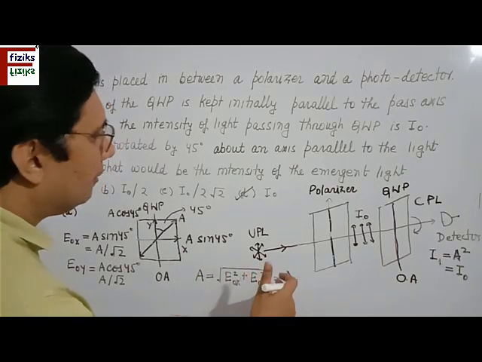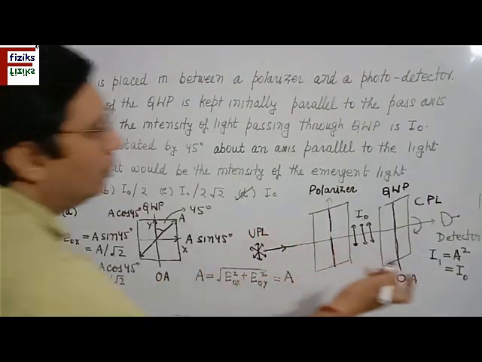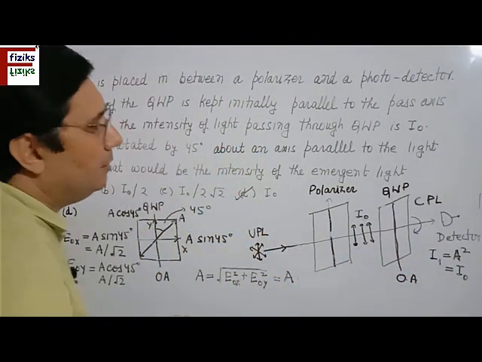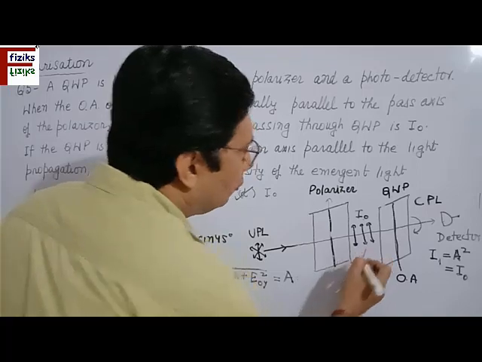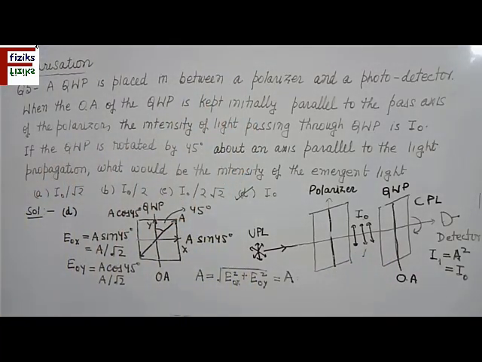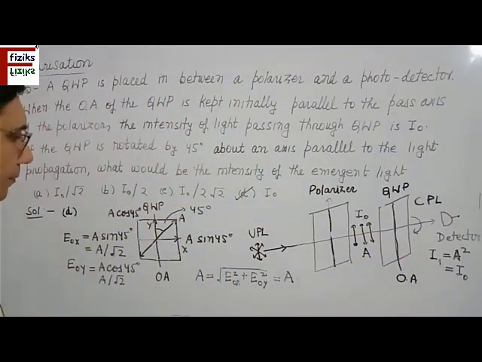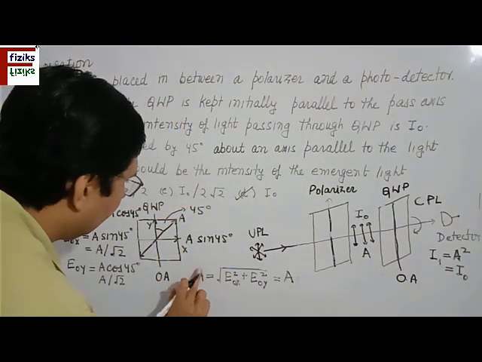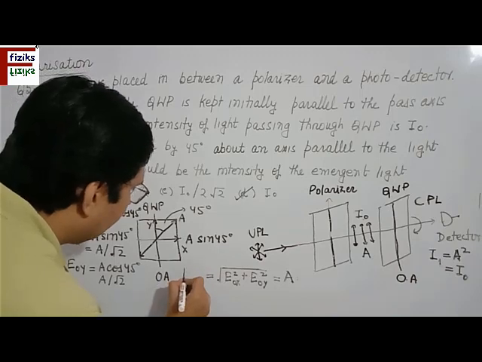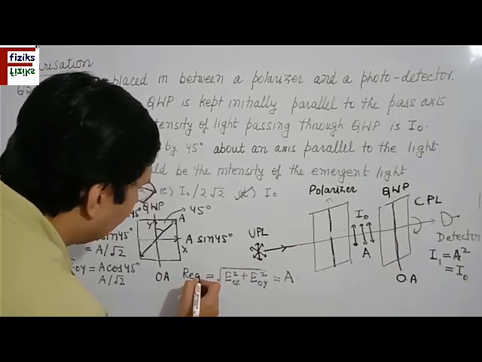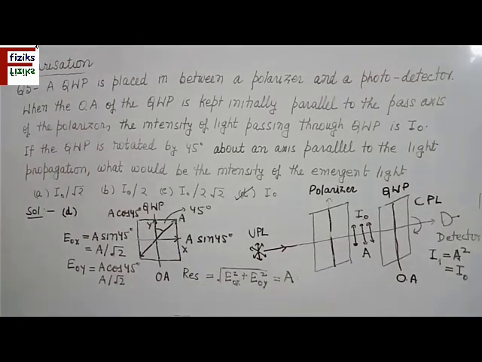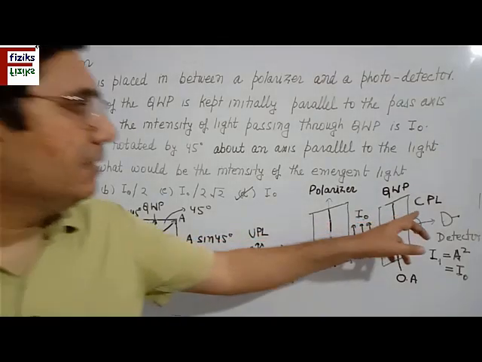So now the intensity will be the square of this A, so again its intensity will be I naught. Here I am assuming that the amplitude is equal to A, and this is the resultant amplitude. So on the emergent side the intensity will remain the same, however the polarization will be changed.